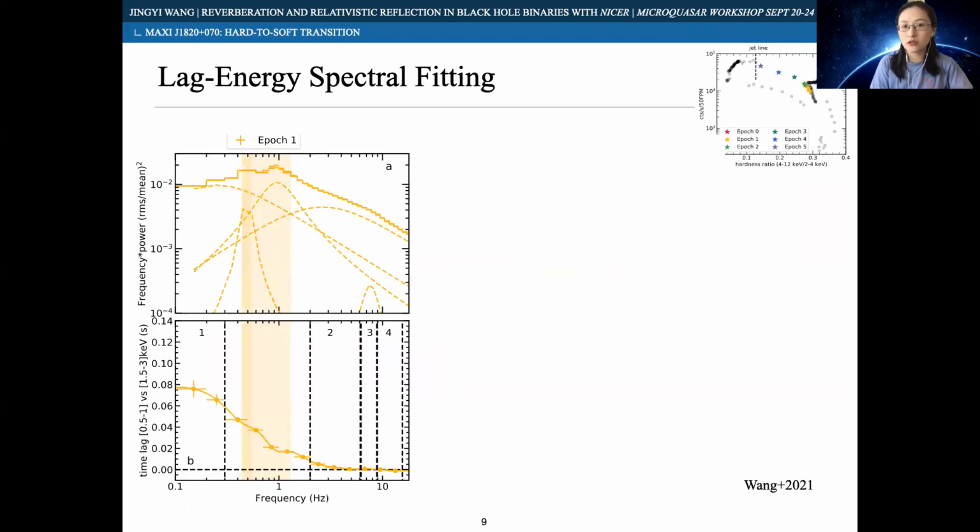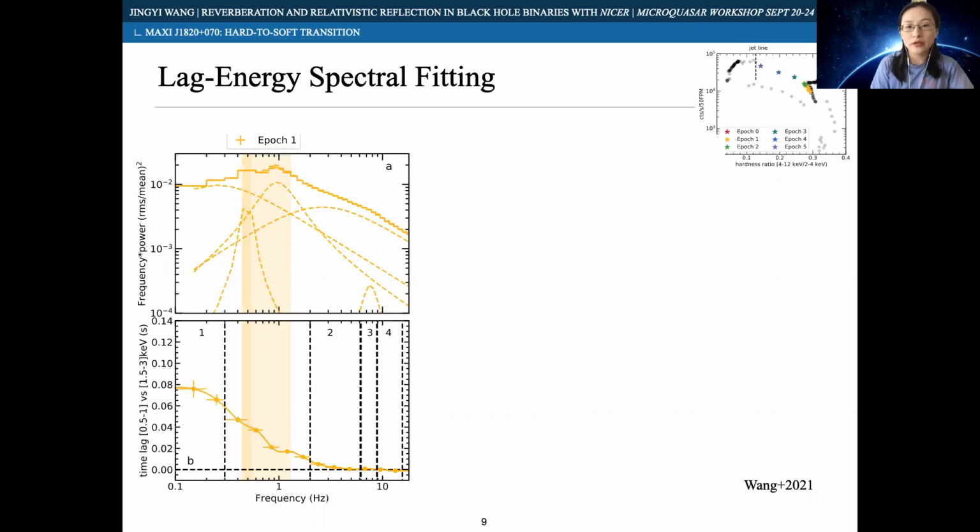Next, I want to show you explicitly how we can make use of the reverberation model Reltrans. The upper panel is the power spectrum of epoch 1 at the end of hot state. We have detected QPOs in this epoch, and the frequency plus or minus the half width at half maximum of the QPO and its harmonics are shown with the shaded ranges.